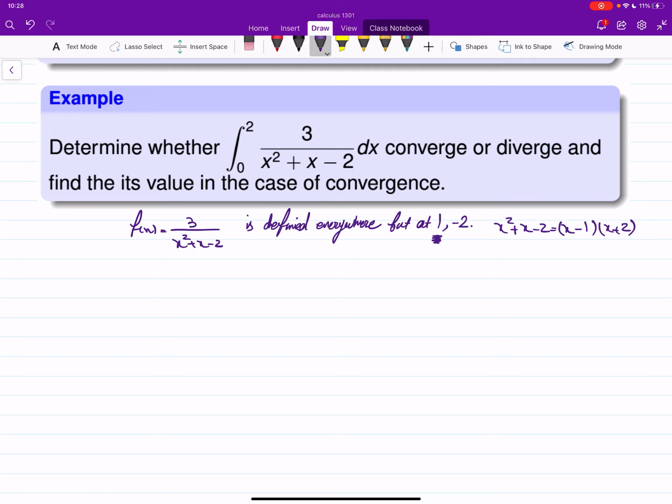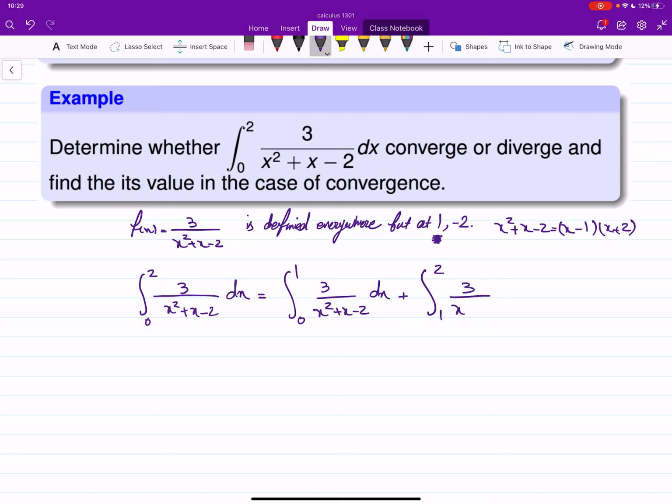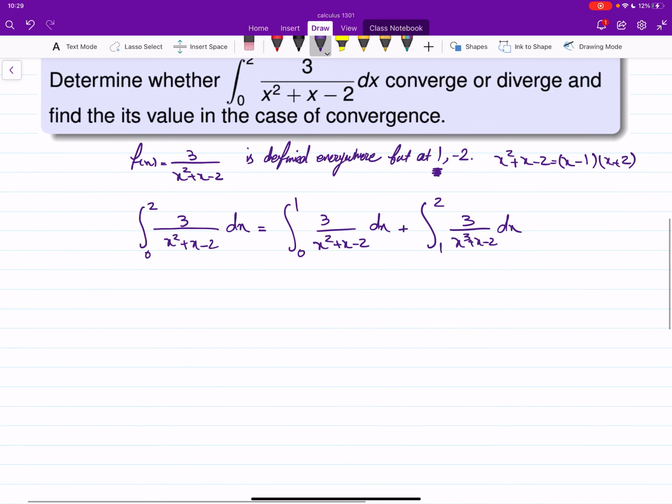It means that we have to break this integral into two improper integrals: the integral from 0 to 1, and then the integral from 1 to 2. Whatever we want to do, we have to know the antiderivative of this function.